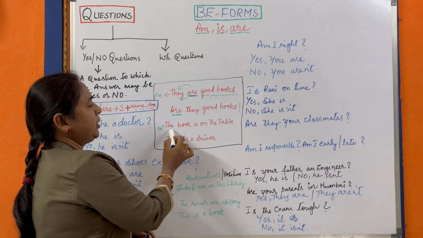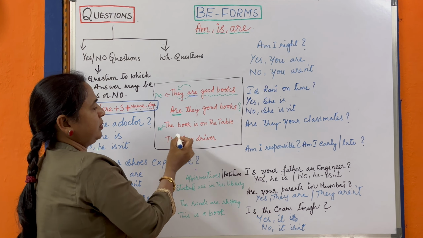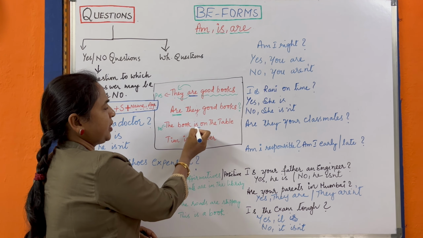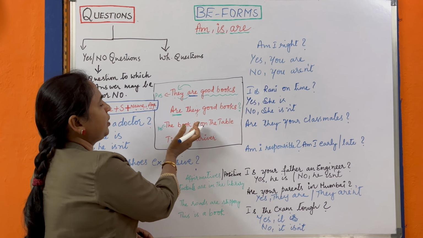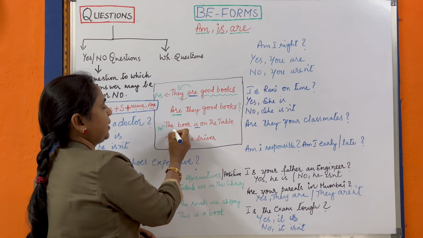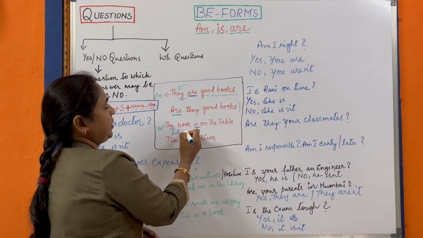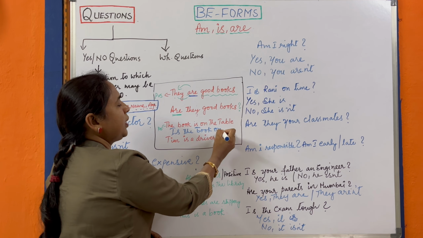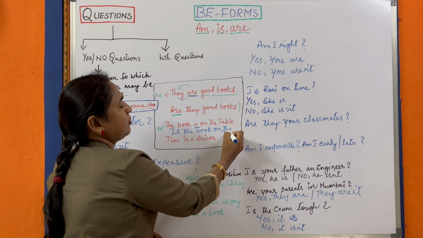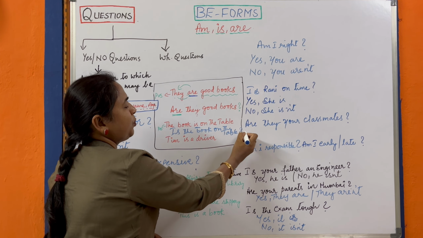Right? The book is on the table. Now what is the question? Now this is a be form, isn't it? The be form will move before the subject or will take the subject place. Is the book on the table? And you're going to tag a question mark.